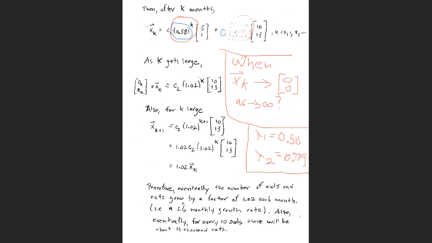So what I'm saying, if we have C2 times 0.79, gosh darn it, I can't get it good, class. I want to get this right.